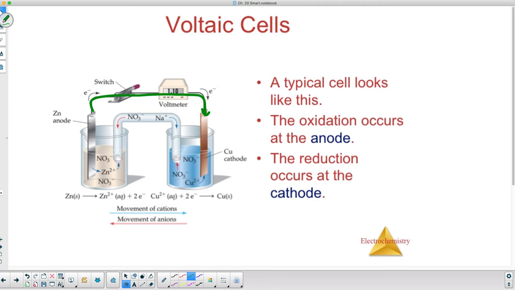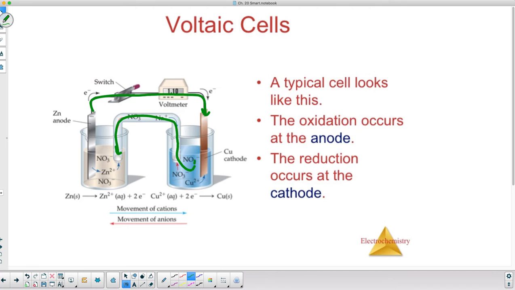To complete the circuit, though, you need something that will exchange ions, and that something is the salt bridge, along with, of course, another path for them to go outside the salt bridge.